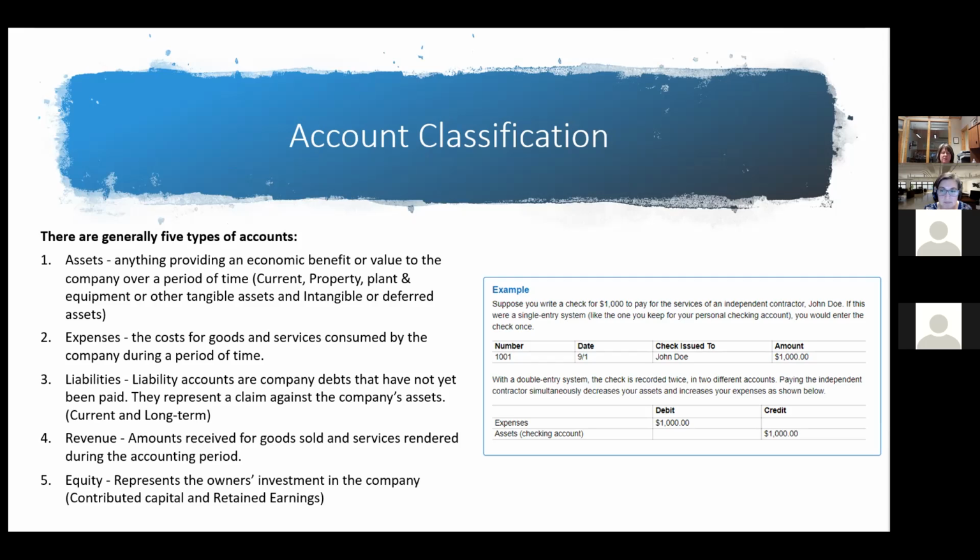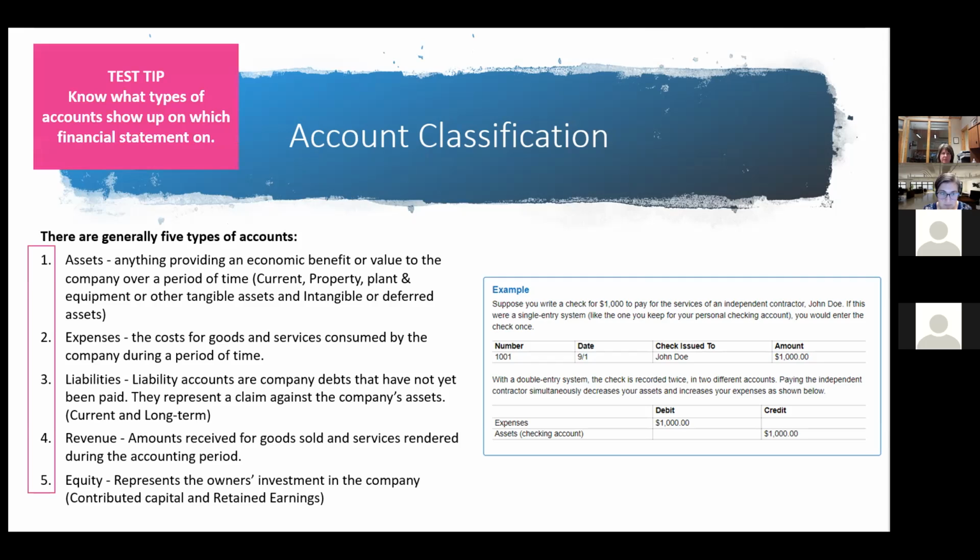Revenue is the value that's received for goods or services. And equity represents the owner's investment in the company. It could be one owner, or in the case of a publicly traded company, many owners. So again, test tip, know which type of accounts show up on the financial statements.